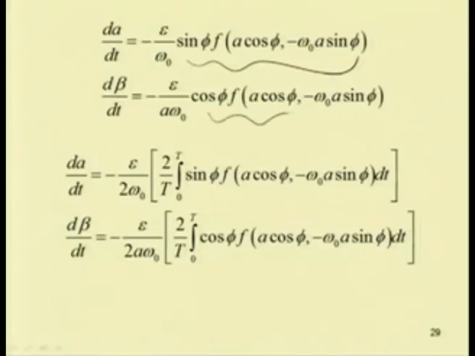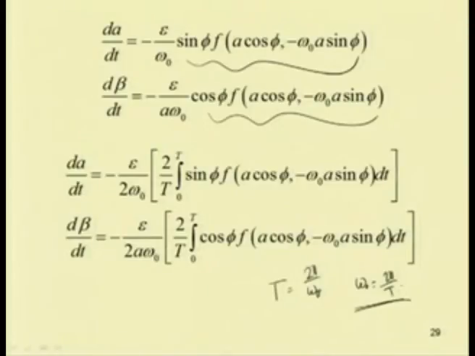Both are periodic with a period of 2 pi, so T equal to 2 pi by omega 0, that is, omega 0 equal to 2 pi by T. As a and beta are slowly varying functions, one can see that these values will not vary much in a cycle.